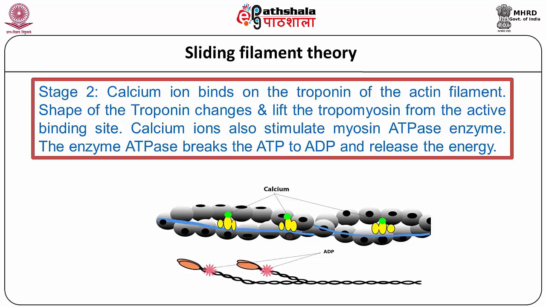At the same time, calcium ions released by the passing of the electrical impulse bind on the troponin molecule, and the troponin molecule pulls the tropomyosin thread a little upward to expose the active site of the actin molecule. And once the active site is open, then the myosin head can go and attach to the active site.